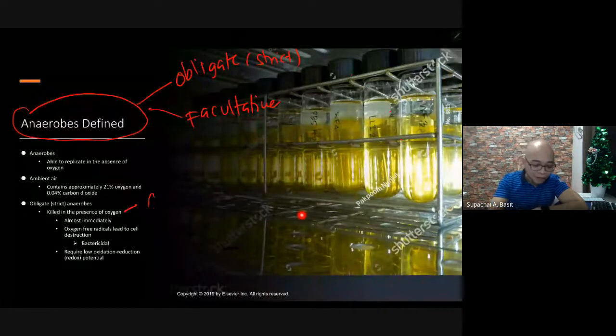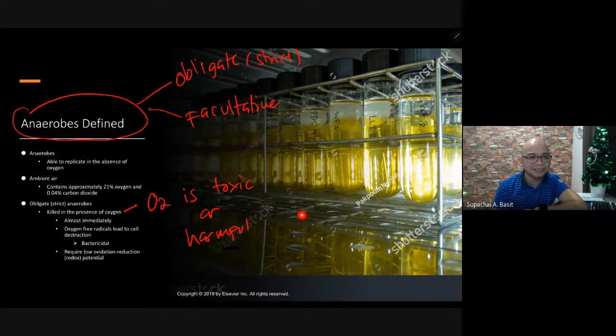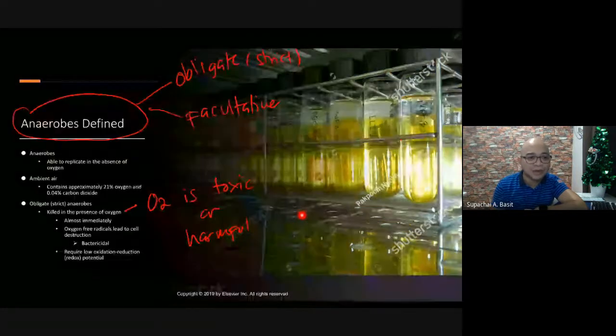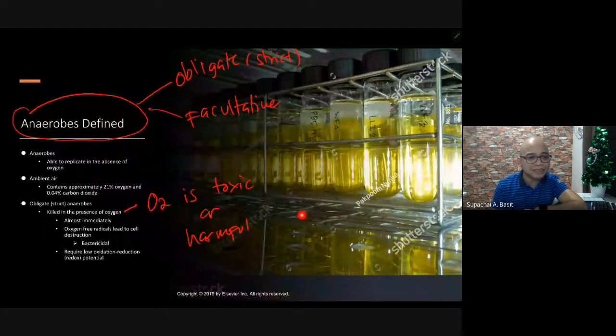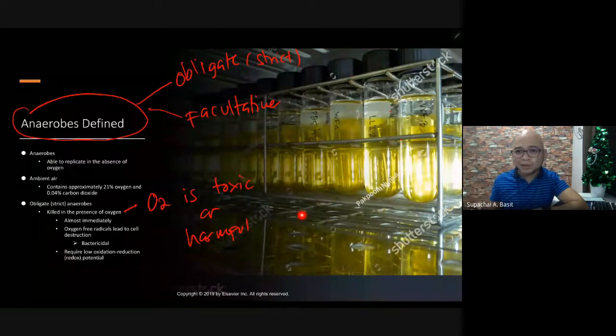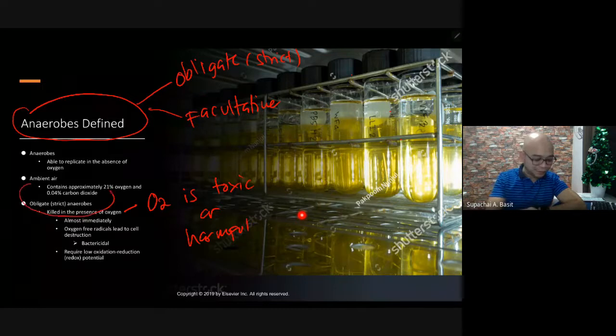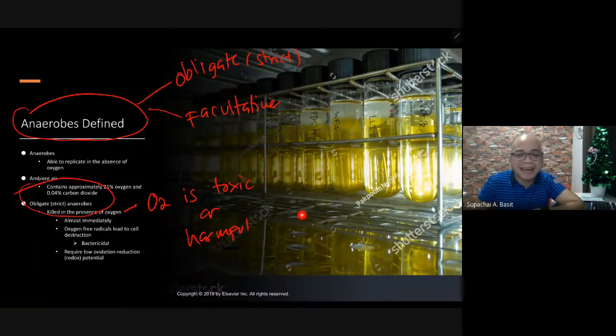Meaning to say, oxygen is toxic or harmful for them, because the oxygen-free radicals will lead to their cell destruction, and they would only require low oxidation reduction or redox potential. So any amount of oxygen could be harmful for the obligate or strict anaerobes.